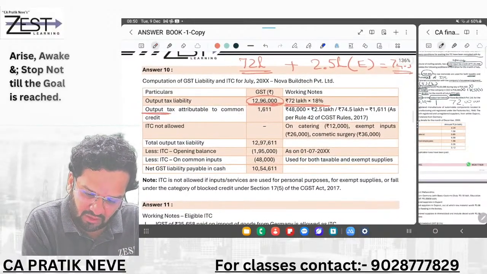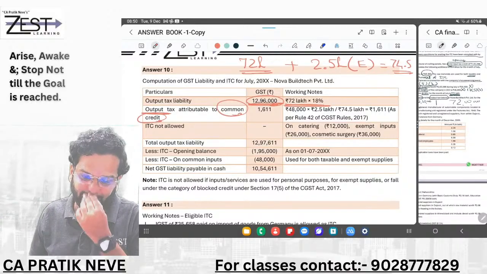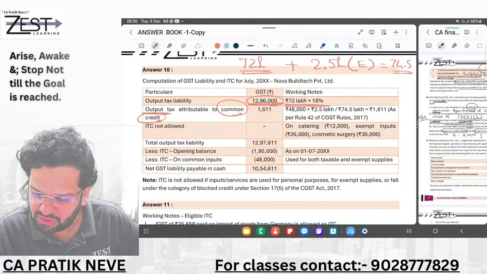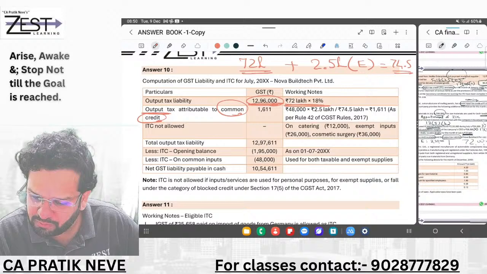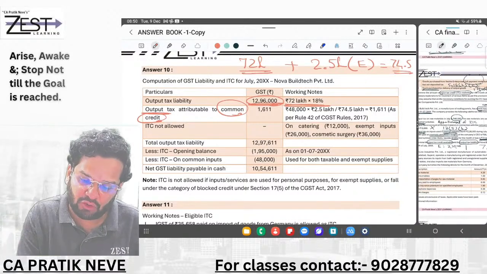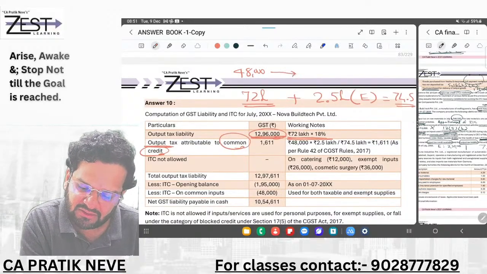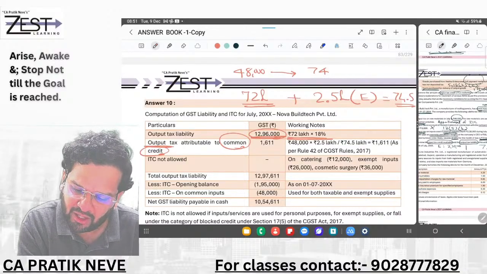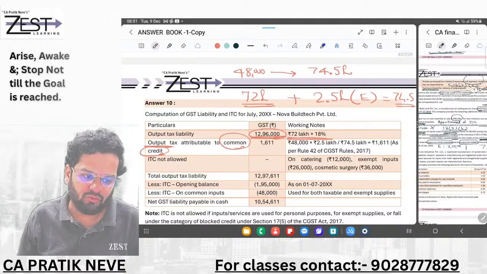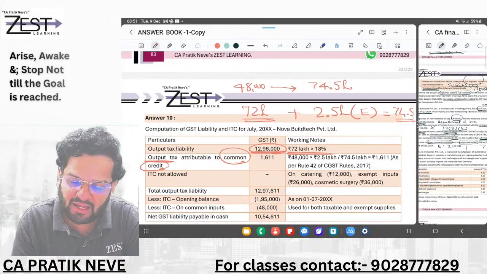Okay. Now output tax attributable to common credit means what? There is 48,000 rupees of commonly used inputs. Can you see that? That 48,000 of commonly used inputs, can I say they are used for outward supply of 74.5 lakhs? So 48,000 of ITC is for entire 74.5 lakh.